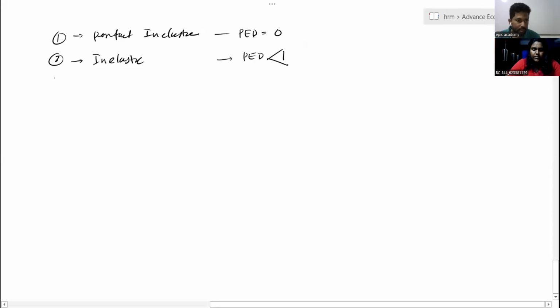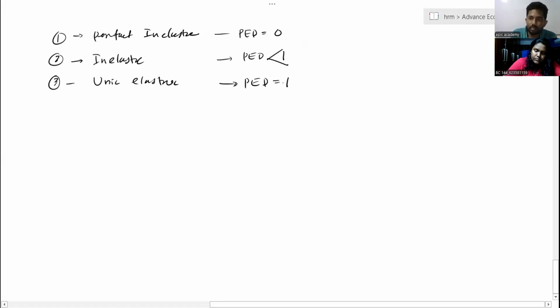Third one, unit elastic. Unit elastic means after the calculation of PED, the coefficient is always equal to 1.